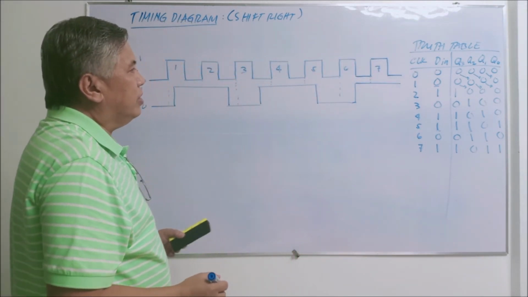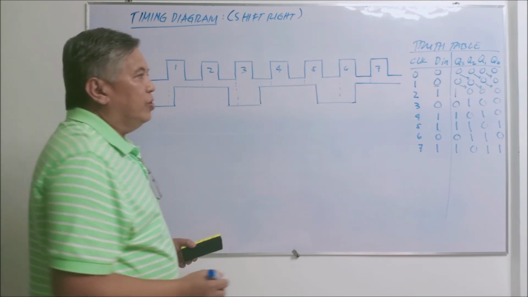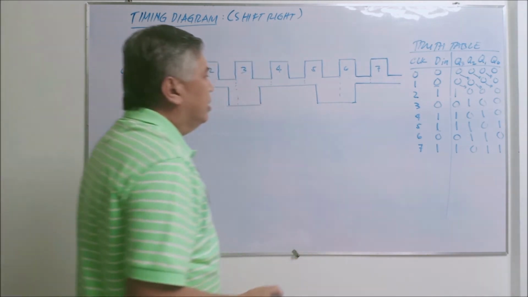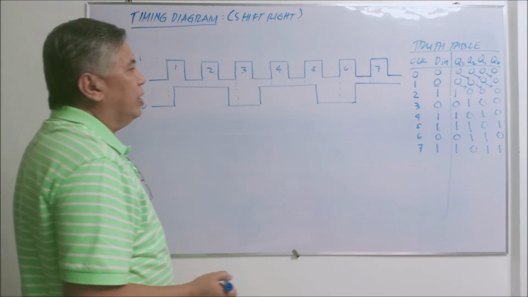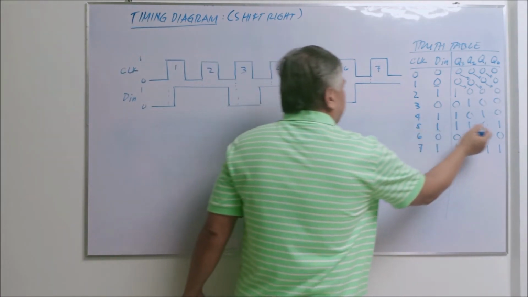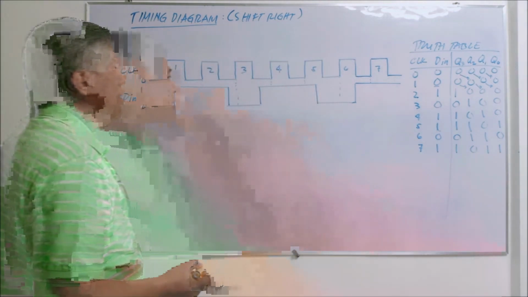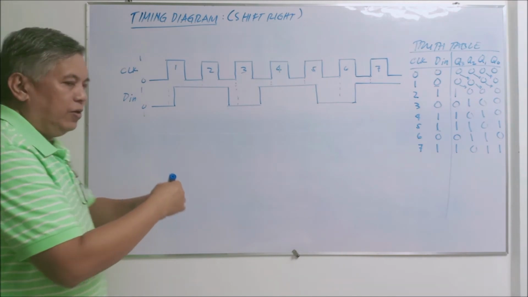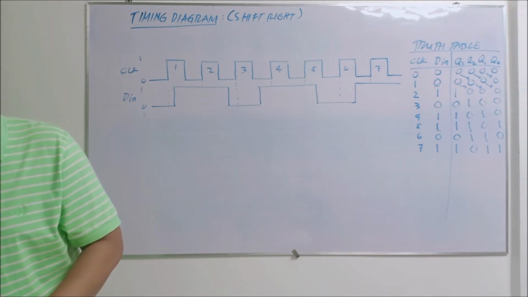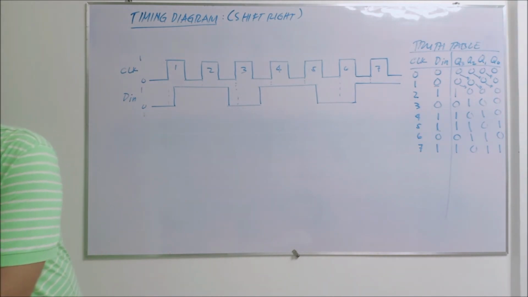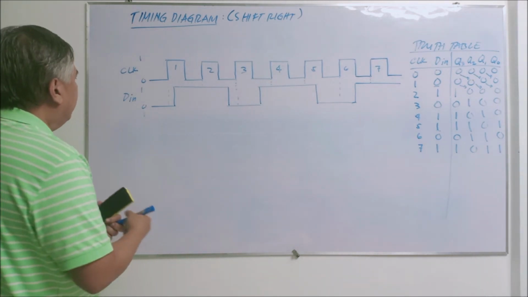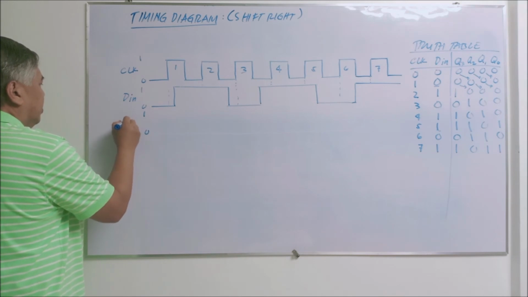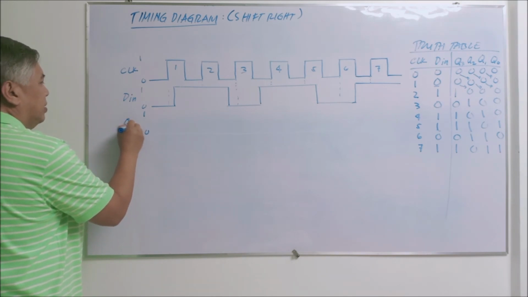So, the next step is to draw your timing diagram. For Q sub 0, for example, the output becomes 1 only during the 5th positive edge triggering of the clock. So, we will start drawing our output Q. We will have 1, 0 here. Q sub 0, for example.